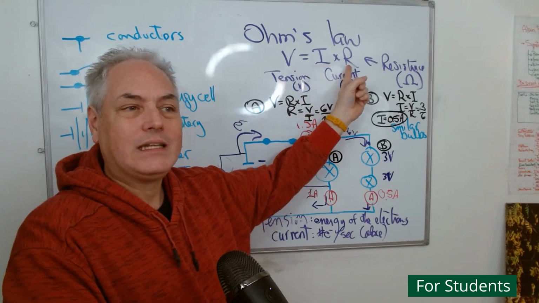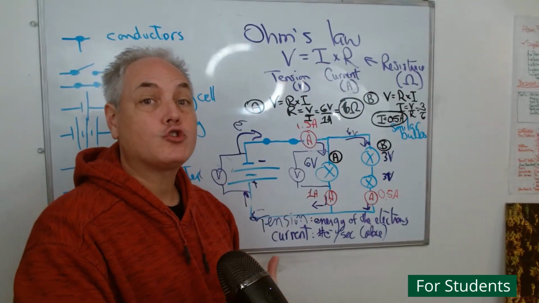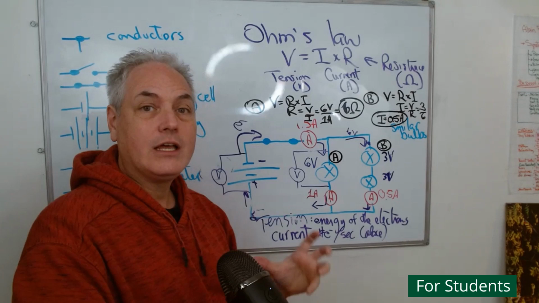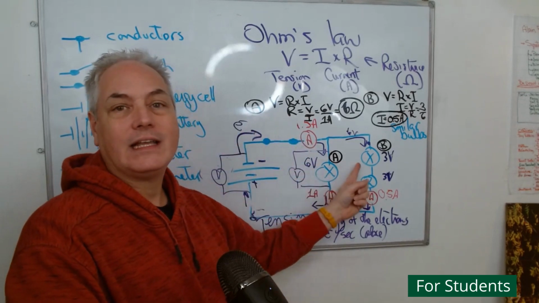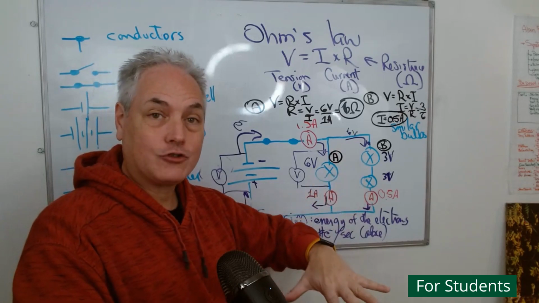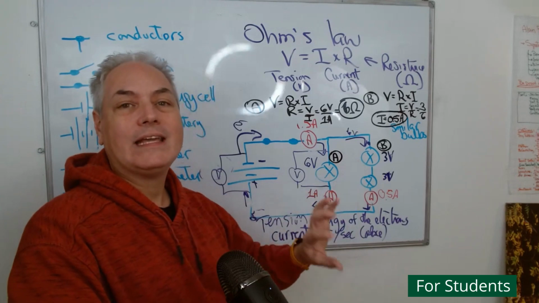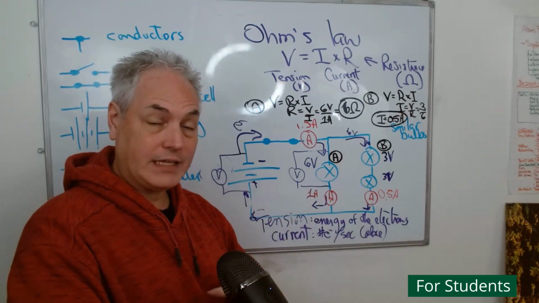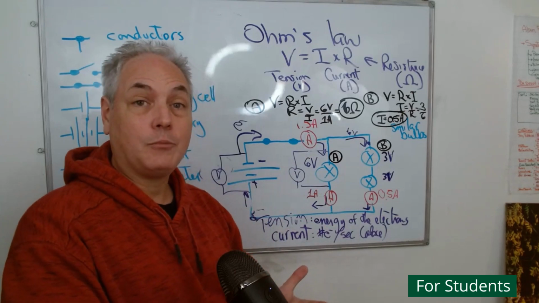Now, the resistance is the property of matter that is there to slow down the electrons so that there's a transfer of energy. So here, the electrons will be slowed down so that the energy of the electrons in the circuit will be transferred into light. If you have a motor, it will transfer the energy of the electrons into rotation, which is what we have with a motor.